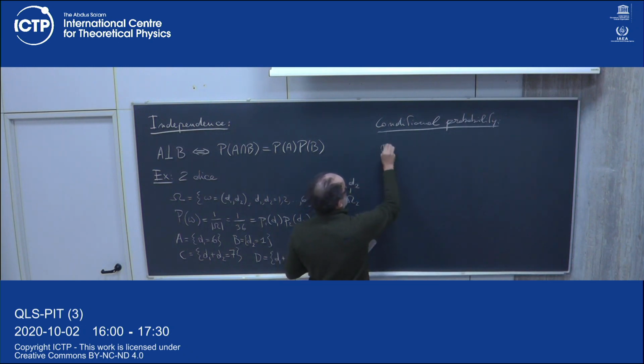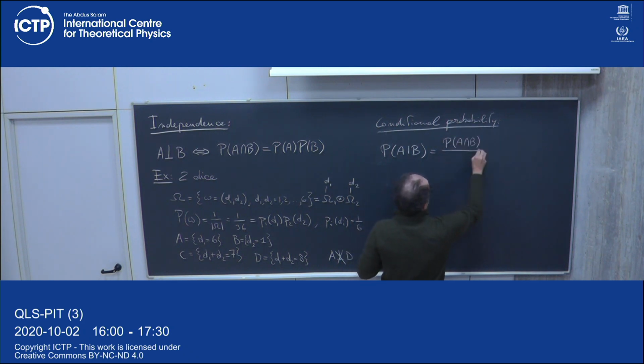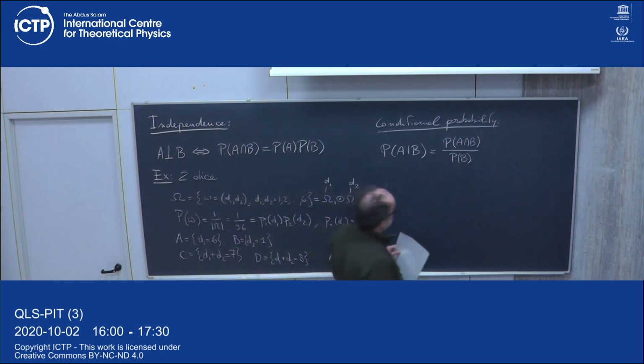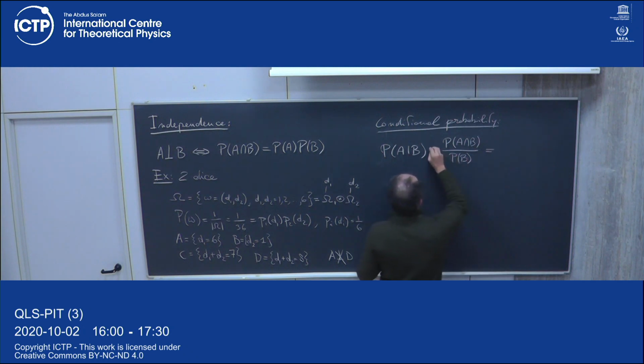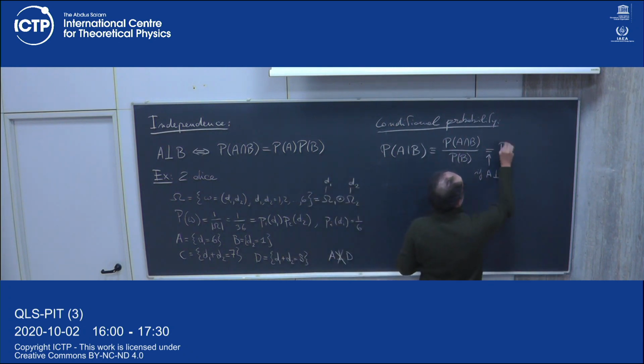The definition is that the probability of A conditional on B is the probability that A and B occur divided by the probability of B. Notice that if A and B are independent, then this probability is the product of the probability of A times the probability of B. The probability of B cancels, and this is equal to the probability of A.